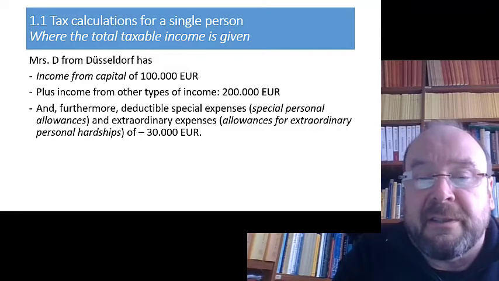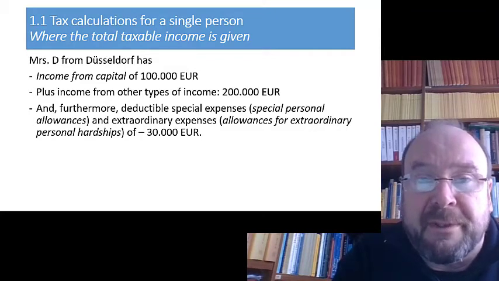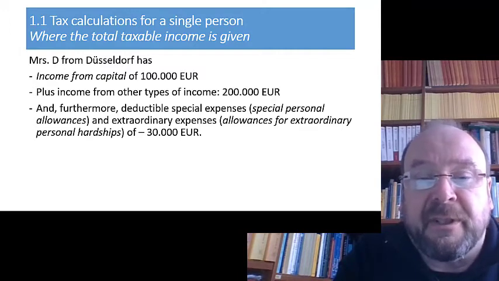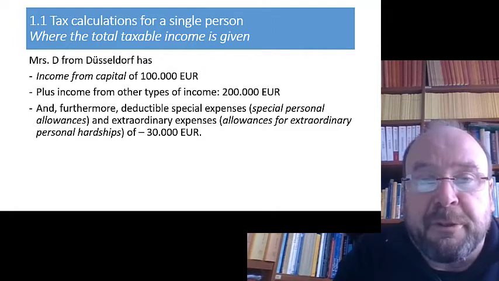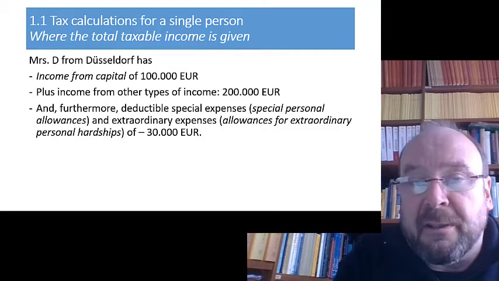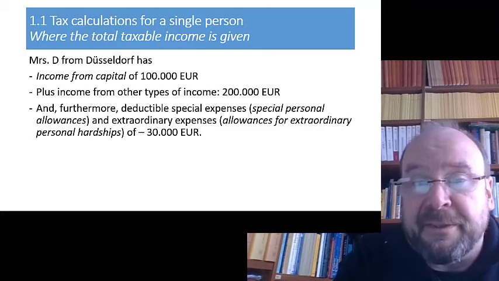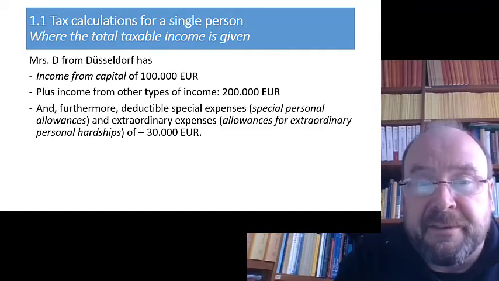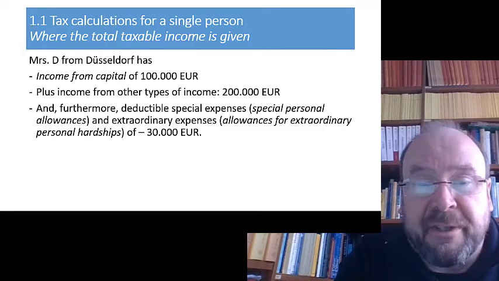And she has, in addition to what has also been mentioned before, deductible personal allowances, so-called special expenses, in German Sonderausgaben, and extraordinary expenses, in German außergewöhnliche Belastungen, which are accepted as deductible from the tax base with an amount of 30,000. Where the 30,000 come from doesn't interest you or me, it's just a given information.